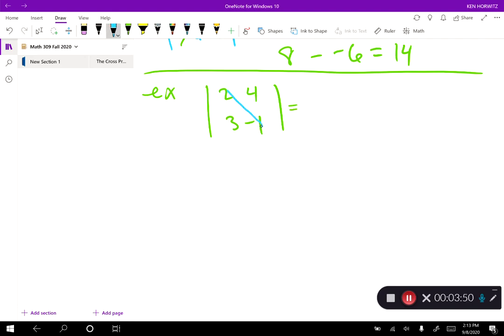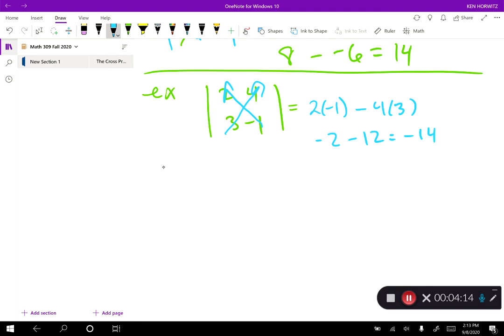If you didn't, that's okay, it just helps me remember what times what. So I have 2 times -1, and then I'm subtracting that from 4 times 3. 2 times -1 is -2, and then subtracting that from 12, I wind up with -14.